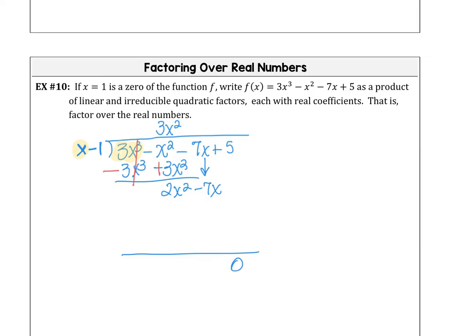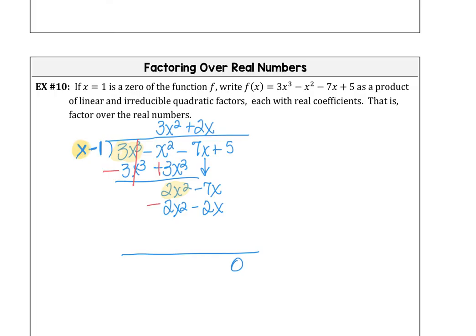Go back to the original idea. How many times will this x go into 2x squared evenly? That would be 2x, and 2x times x is 2x squared, and 2x times negative 1 is negative 2x. And we're back to the same routine.